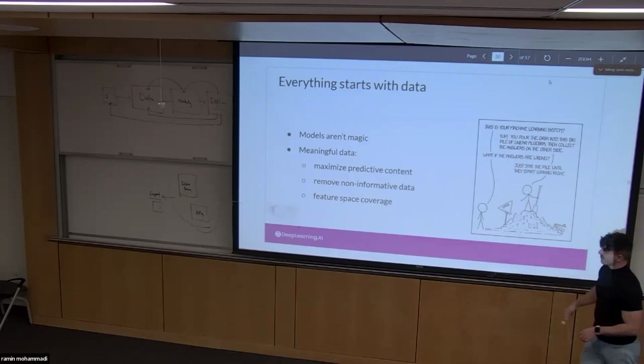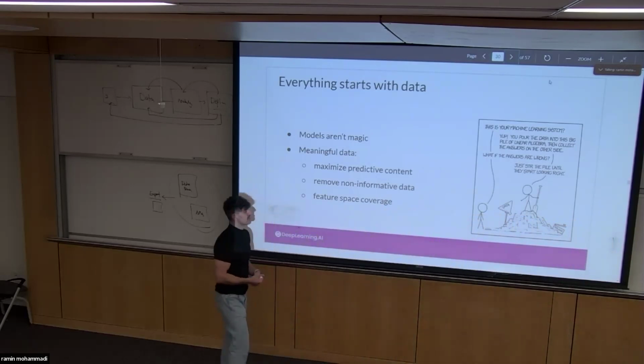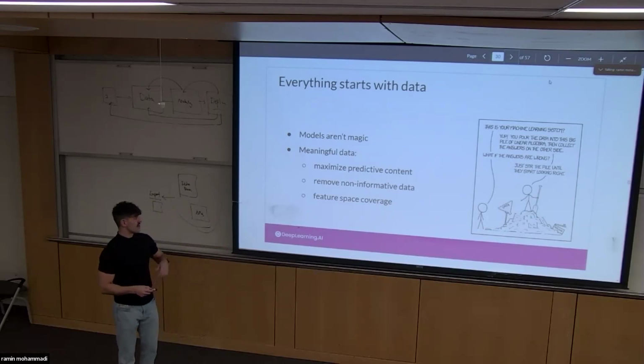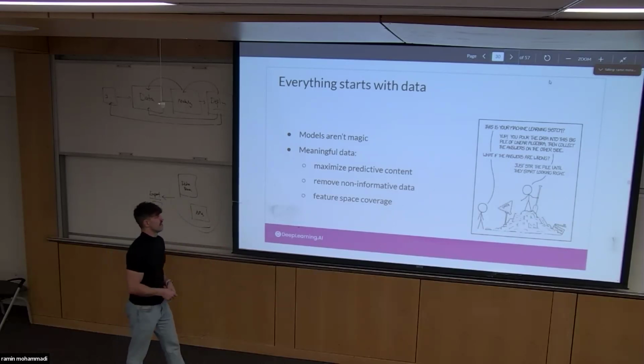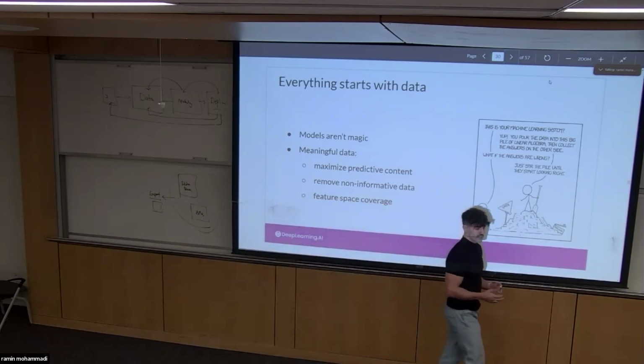Important to remember, your models are not magic, they're just models at the end. You need to have meaningful data, which means maximum predictive content. You need to be sure that you have removed the non-informative data. And as we discussed, you need to be sure that you have the feature space covered. So your data should have a really good set of features, and you got rid of the noisy features.